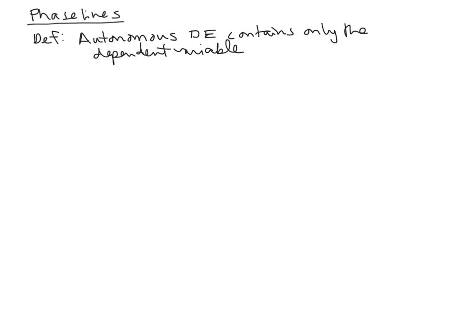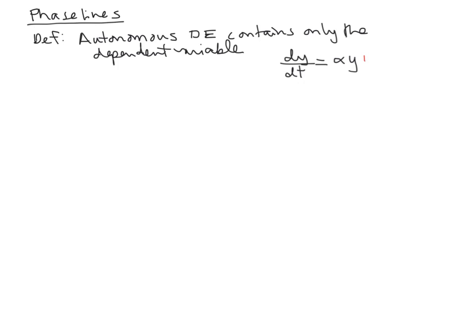So an example of an autonomous differential equation that we've seen before would be like dy dt is equal to some constant, and I'll call it alpha here, times y. Because it only has y on that right-hand side of the equation, and that is the dependent variable from that differential equation, that makes it an autonomous differential equation.